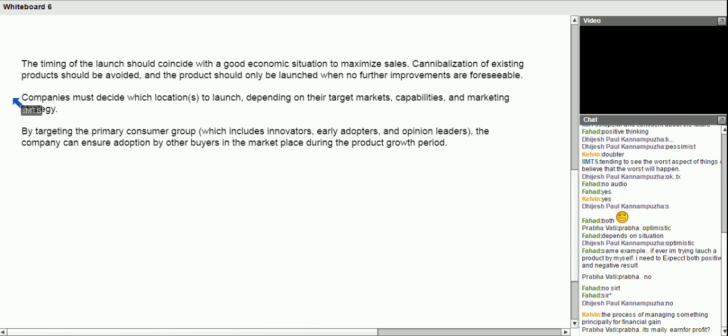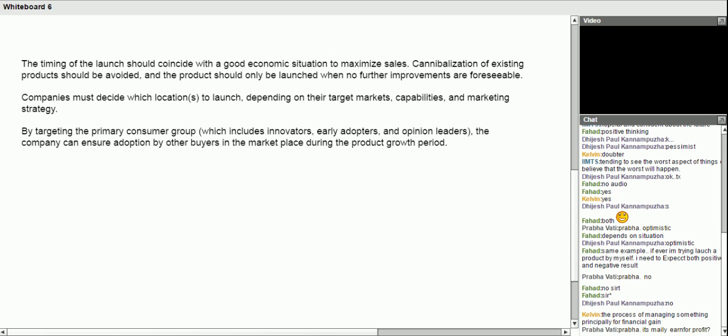So the timing at which the product should be launched should be chosen very carefully. A product should only be launched when the economic situation of the country or of the market is good, so that people can buy your product with a free mind. Only then there will be maximum sales.